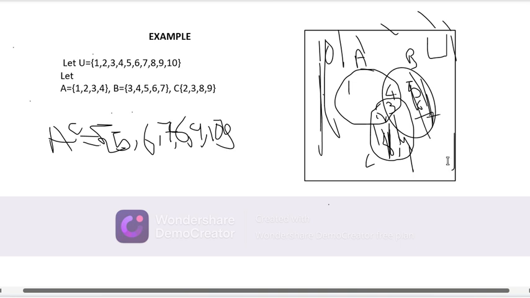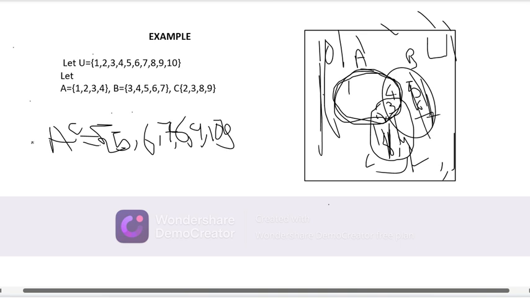So the only part that is going to remain is this one, which is just wherever there is A. This is the only part that is going to be left as A complement. So be mindful of these questions. When they ask you to shade A complement, you shade wherever there are elements that do not belong to A. So that is about complement.